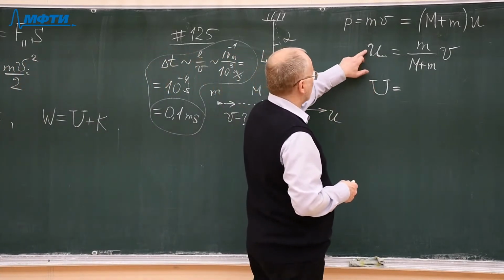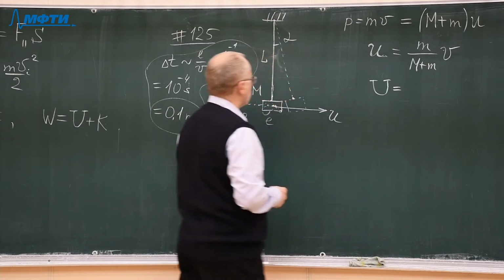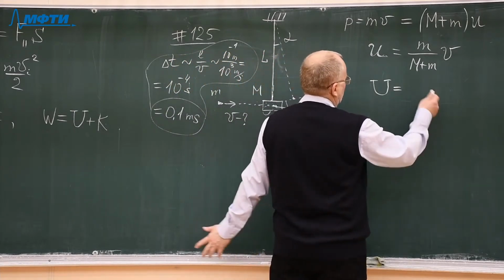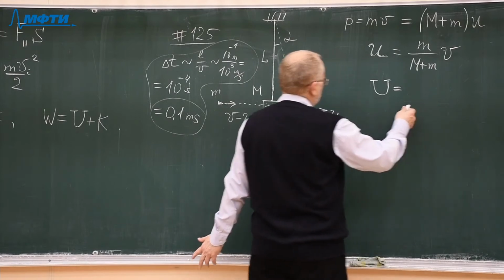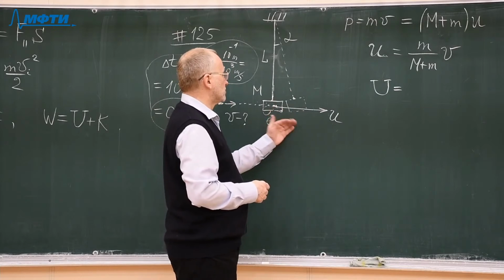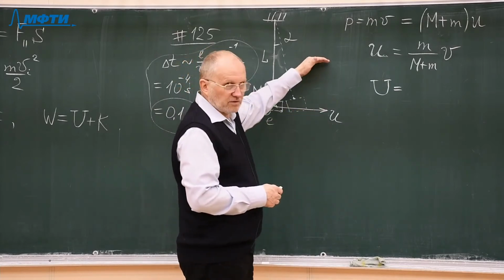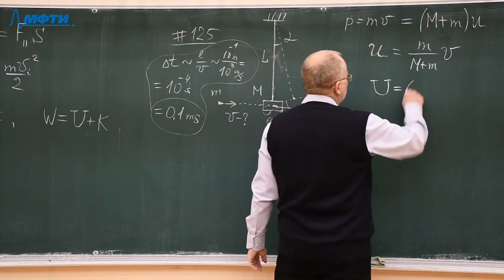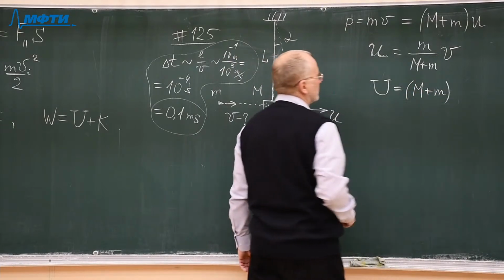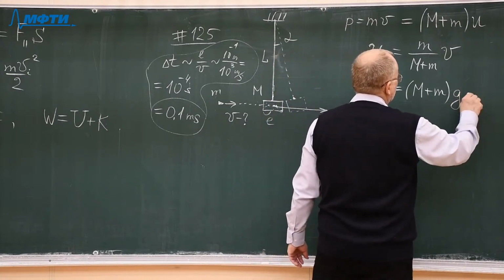So the potential energy is mass times g, acceleration of free fall, times the height. Total mass is the mass of the box and the bullet stuck in it, times gh.